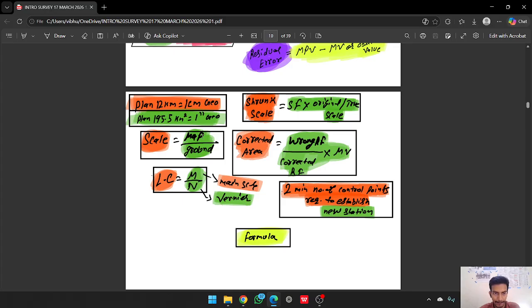Like plane scale, least count. This we have discussed. Like we have discussed principle, intro, type of scale, diagonal, vernier, retro. And now I have to summarize all that.